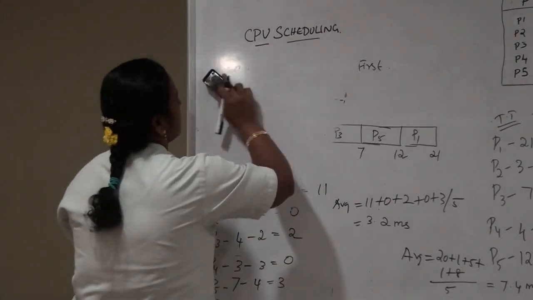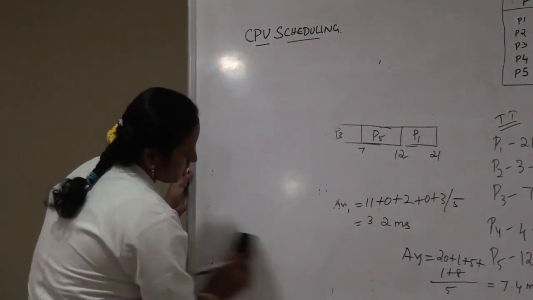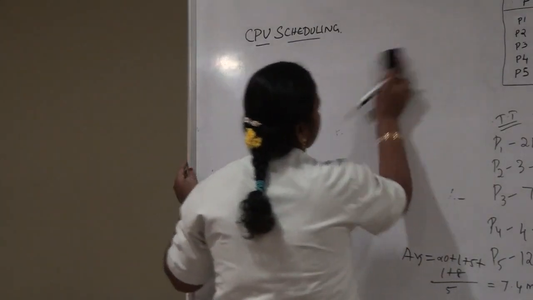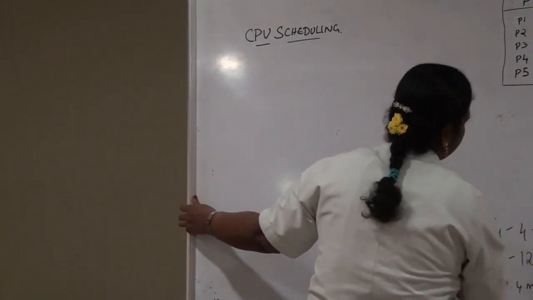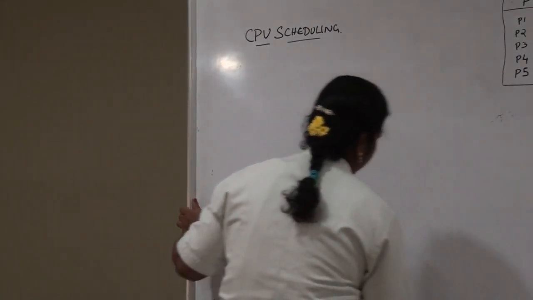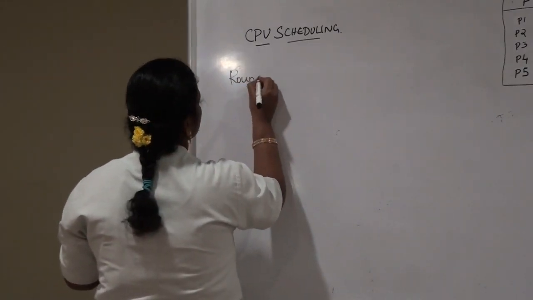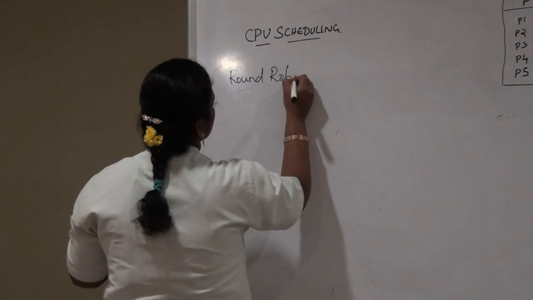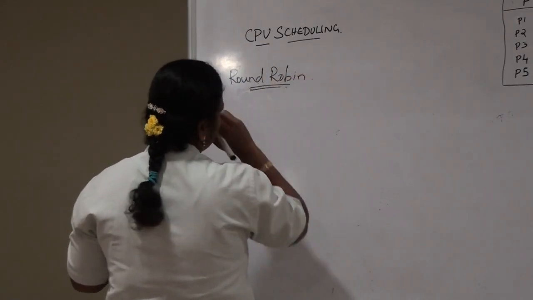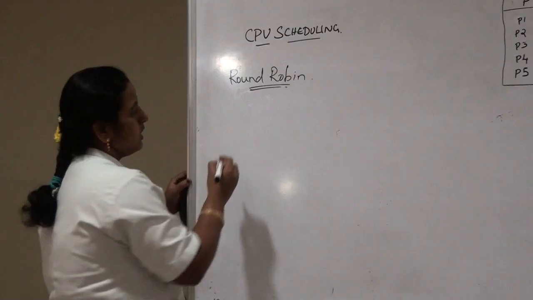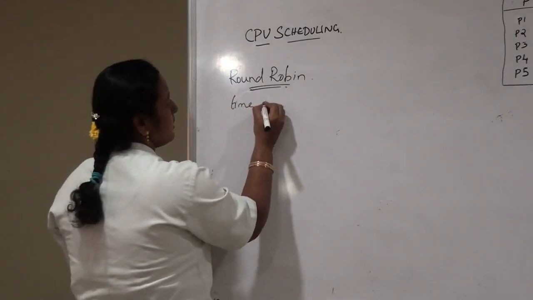Next concept is round robin scheduling. In round robin scheduling, you will be fixing the time quantum.